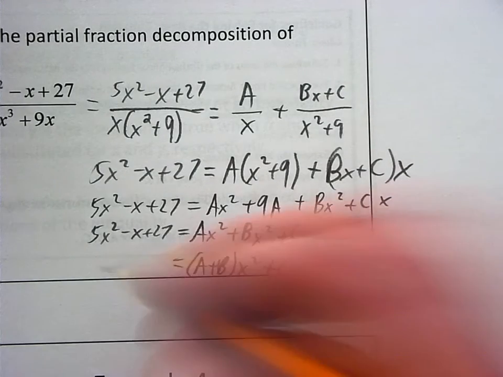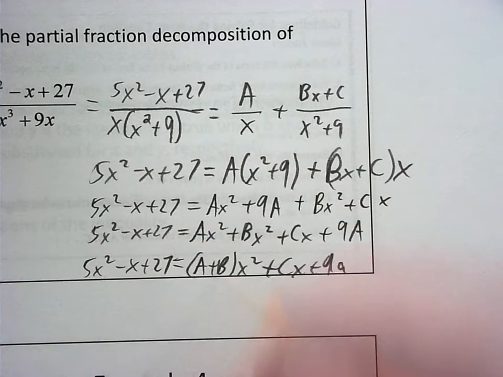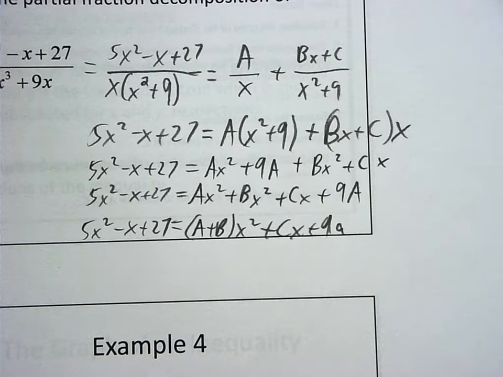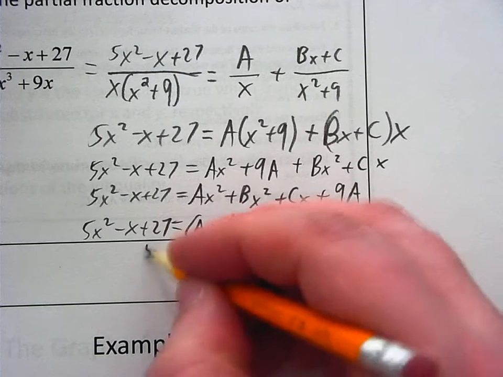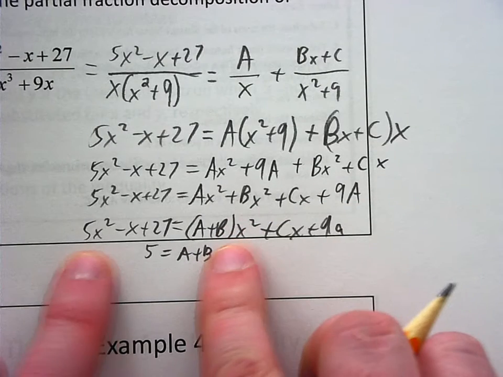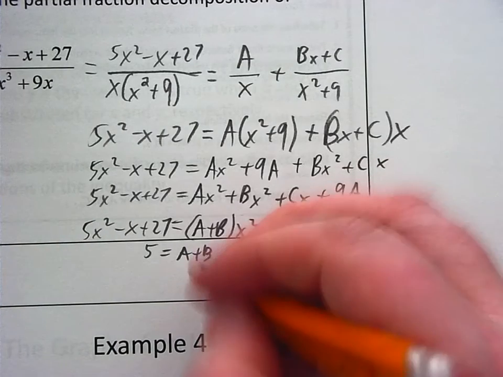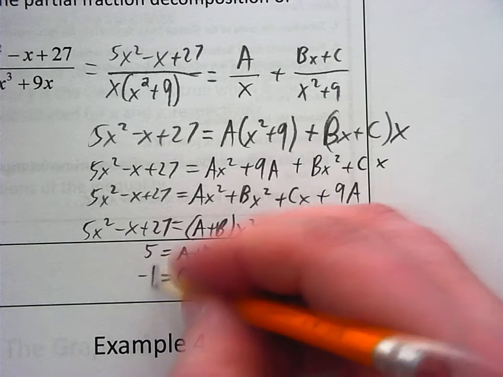Then I'm going to set up each one of those coefficients and constants equal to its corresponding part, and it's going to give me three different equations. So I'm going to set up 5 equal to a plus b, because those are both the things in front of the x squareds. What's c going to be equal to? -1.